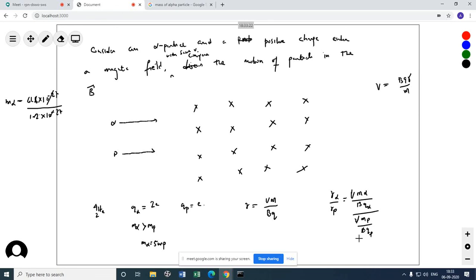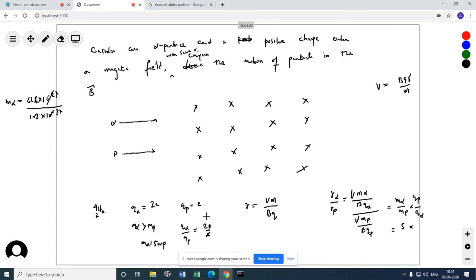So these two get cancelled, and I get M alpha by MP into QP by Q alpha. So the mass of alpha is 5 times that. So M alpha by MP is 5, and Q alpha by QP will be equal to 2E by E, that gives me 2.